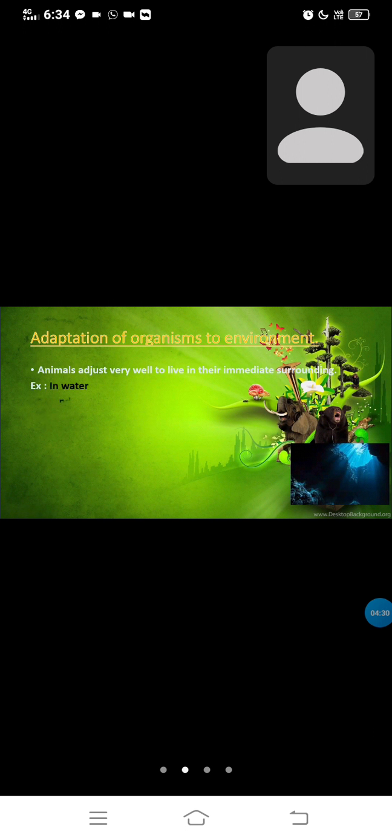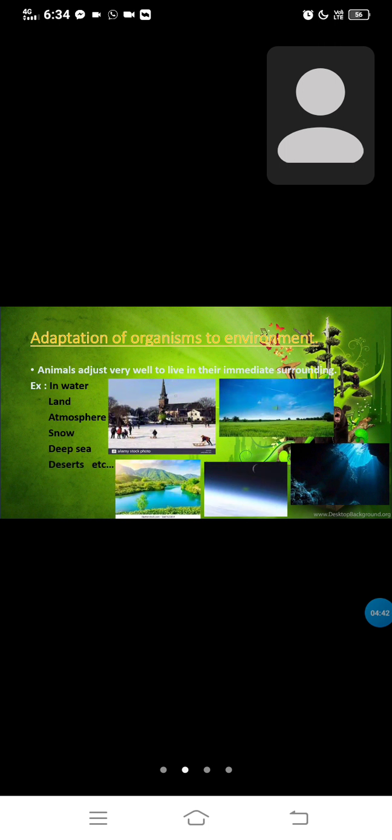Examples for that are in water, on land, in the atmosphere, in snow, in the deep sea, in the desert, etc. And they move around to breed, to produce food, and also to raise their young ones. Here you can see snowlands, land, water, the atmosphere, and the deep sea.